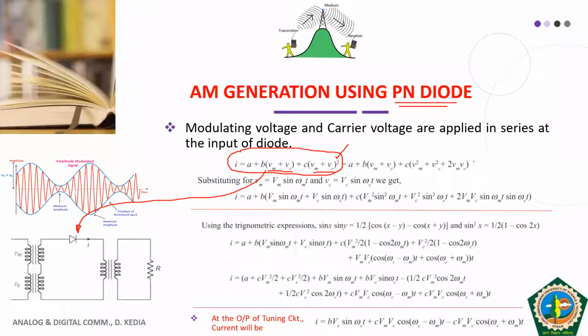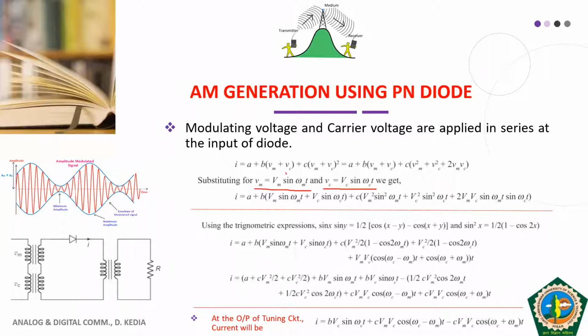If you simplify this expression, you can very easily see that Vm is nothing but capital Vm sine omega m t, and small vc is nothing but capital Vc sine omega c t. This capital Vc is the amplitude of the carrier, and capital Vm is the amplitude of the modulating signal.